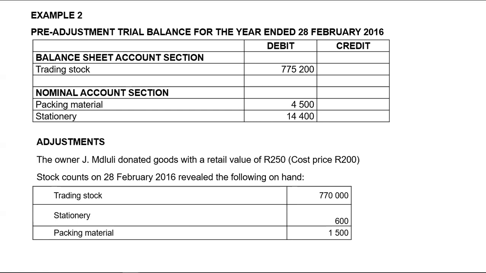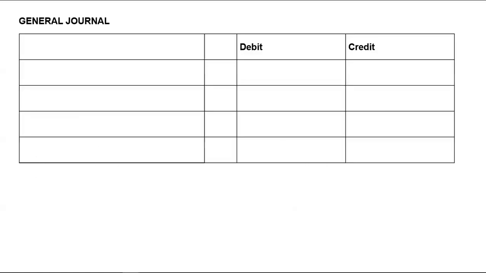The reason why we're doing that is because that 14,400 is actually not our expense. Our expense of stationery will be what has been used. And we know that 600 of that 14,000 was not used. So we will start with what we have in the trial balance.